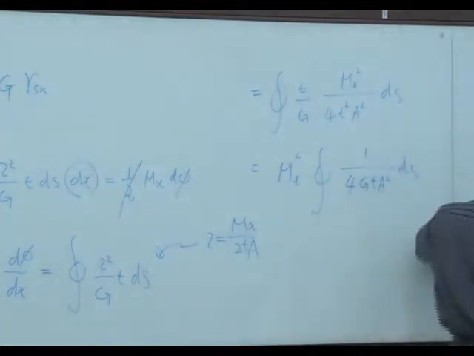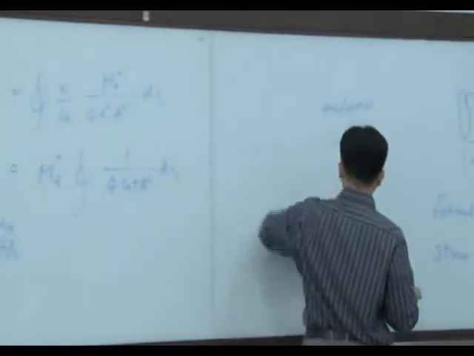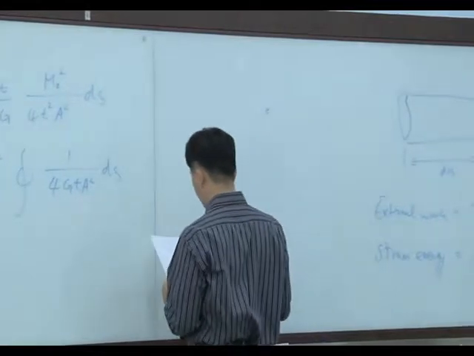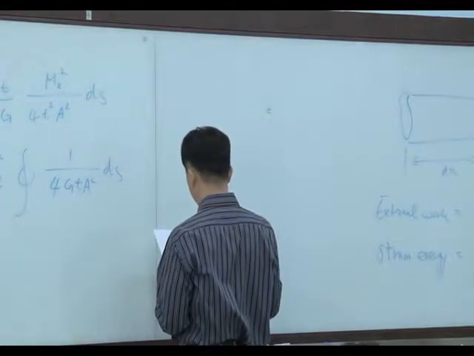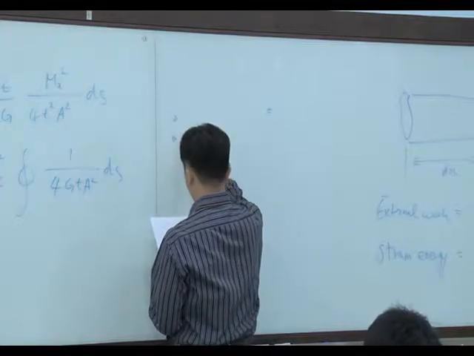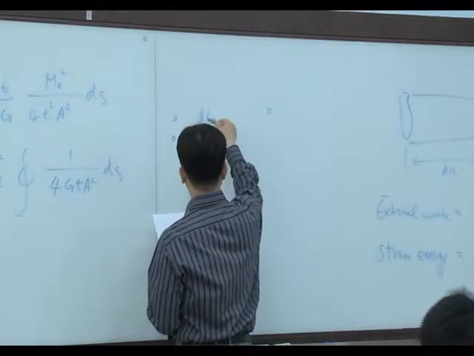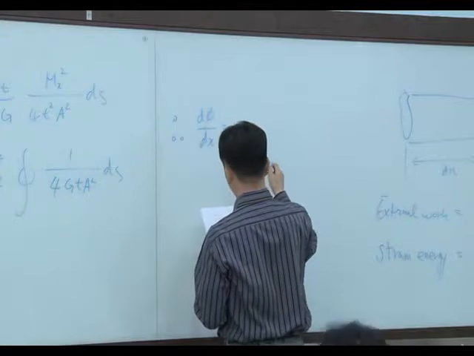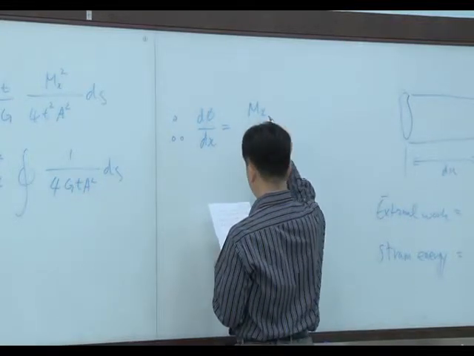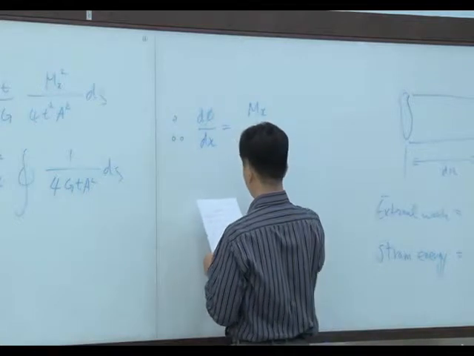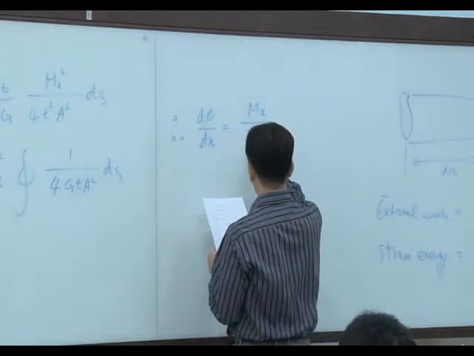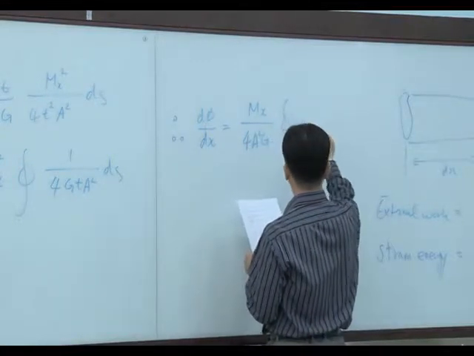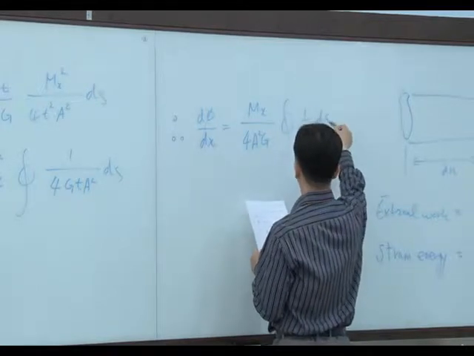Okay, so if I rearrange that equation, we can calculate the final equation: d phi over dx, the rate of angle change, equals Mx over 4A squared G, times the integral of ds over t.